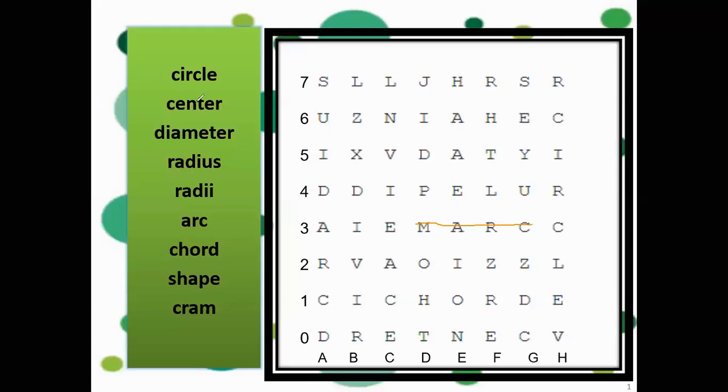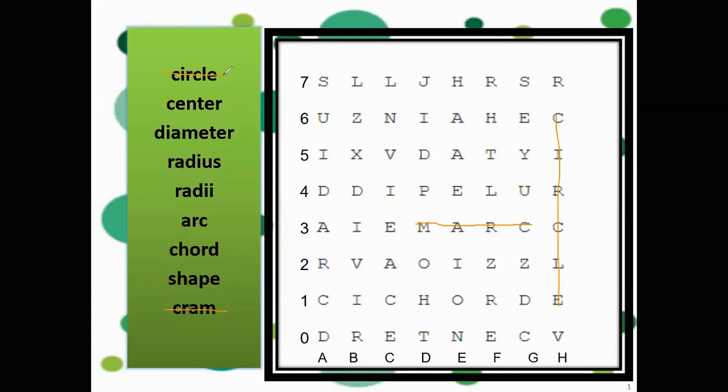Okay, someone said circle begins at H6 and ends at H1. Good job. Now let's move on to center. What is center?